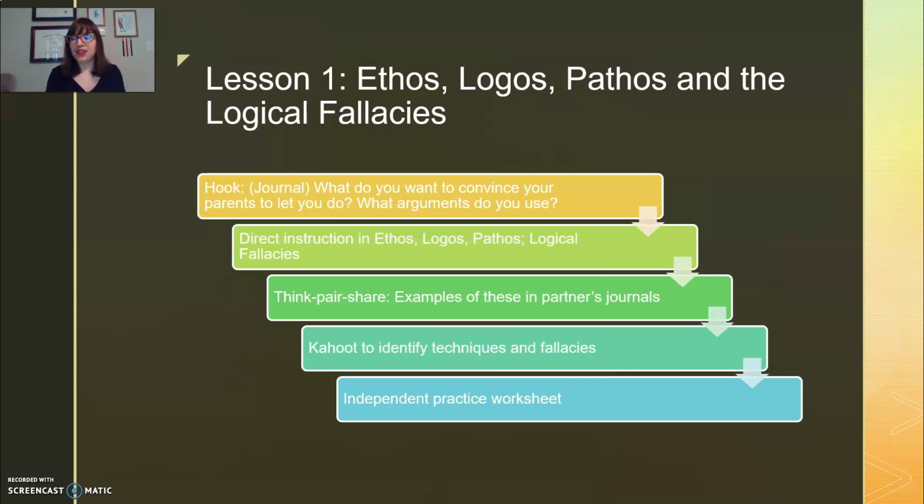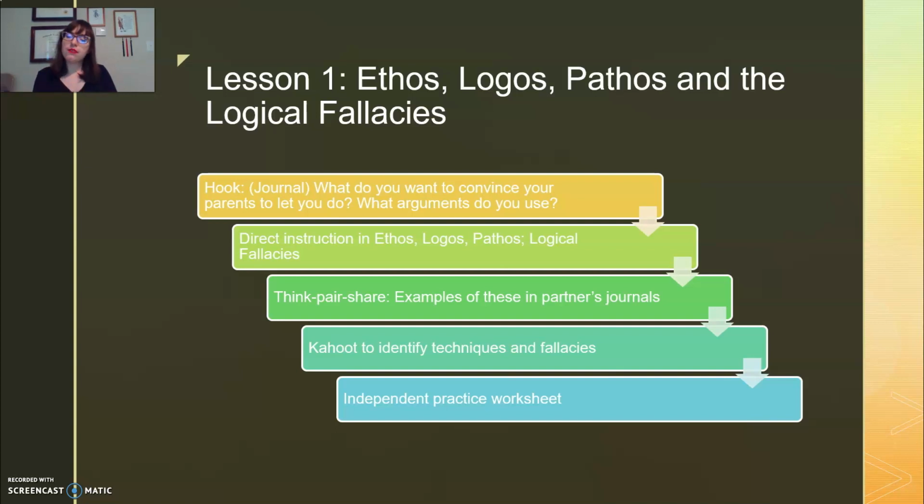Then we talk about persuasion, and I give direct instruction in ethos, logos, and pathos and those logical fallacies.